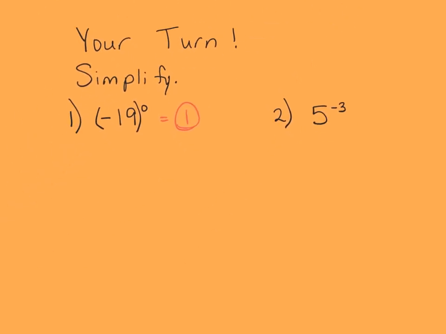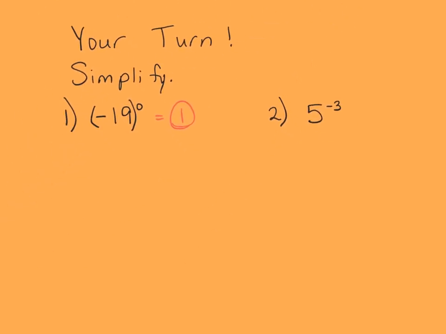Had this been written this way, negative 19 to the 0 power, then the only thing raised to the 0 power was 19, so this would have been negative 1. And that's not the problem we had, so be very careful about that parenthesis. Got to use order of operations here.